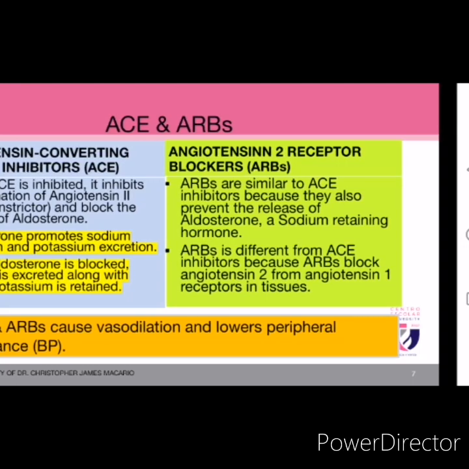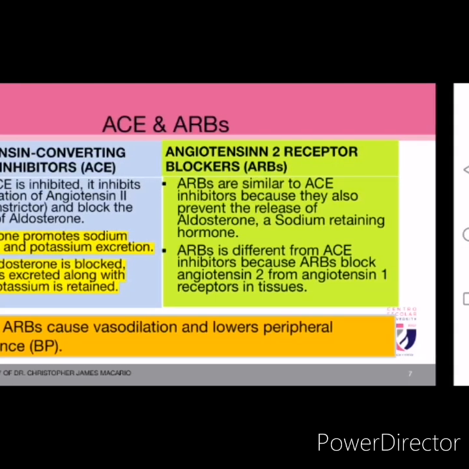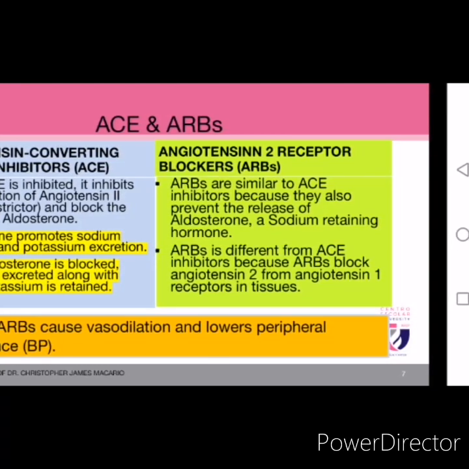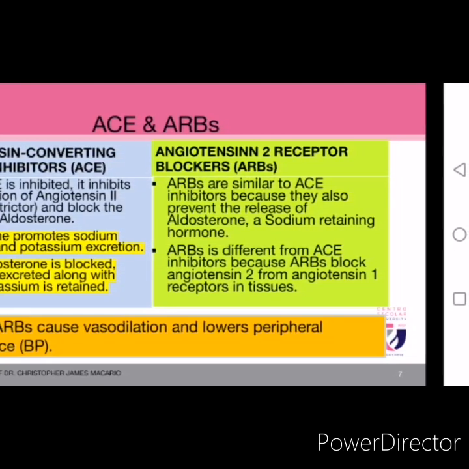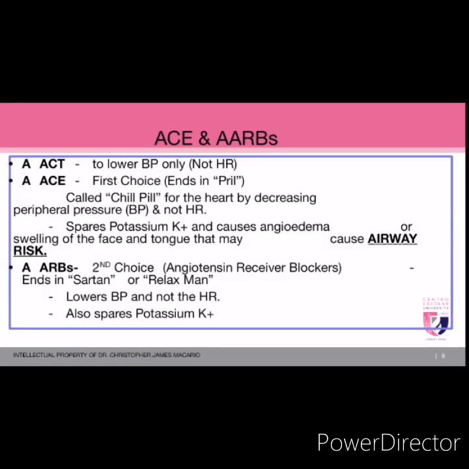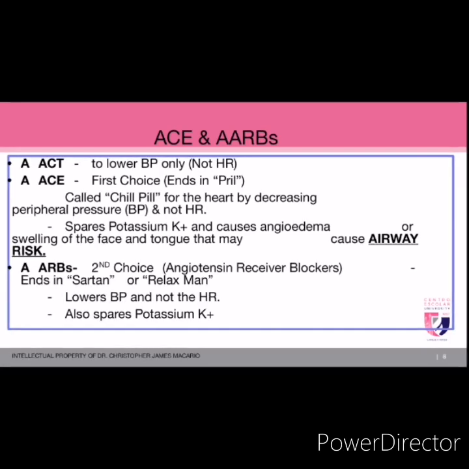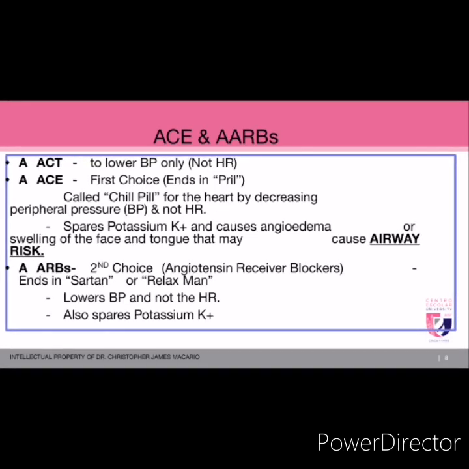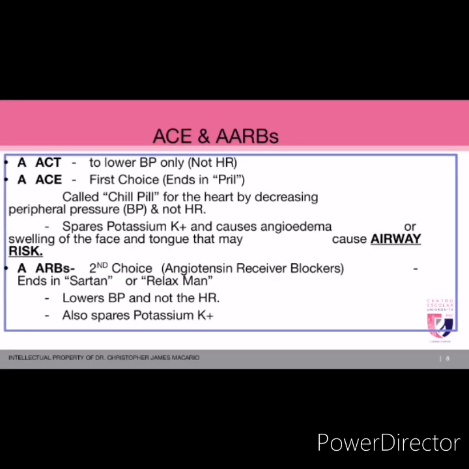ACE and ARBs cause vasodilation and lowers the peripheral resistance, or in short, it brings down your blood pressure. To remember ACE and ARBs, remember AAA. ACE and ARBs act to lower blood pressure only, not the heart rate.